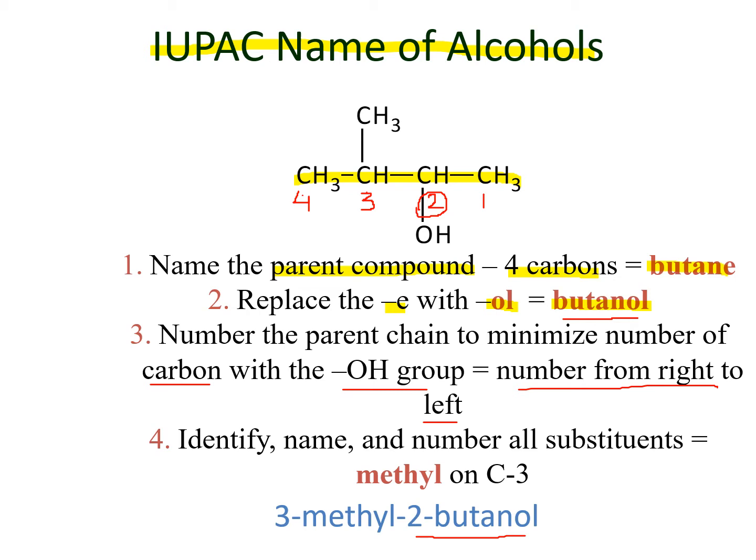And the last part is, if there is a branch or substituent present, we have to write its name and the carbon that is attaching it. So it will become 3-methyl-2-butanol because it has a methyl group attached to the third carbon. It has the hydroxyl group, which makes it an alcohol, attached at carbon 2, so 2-butanol it is.